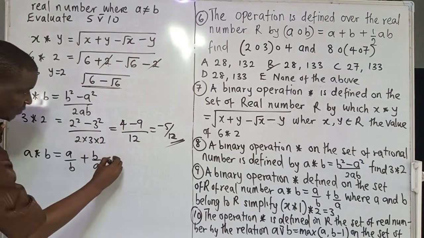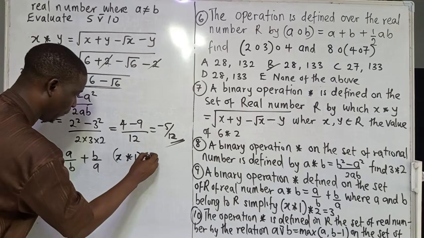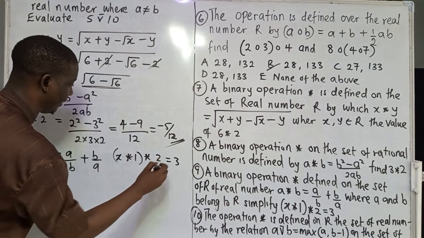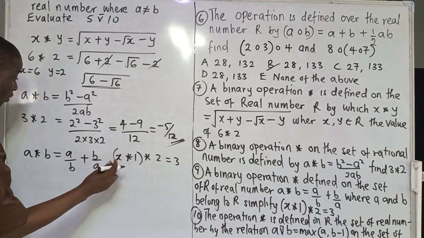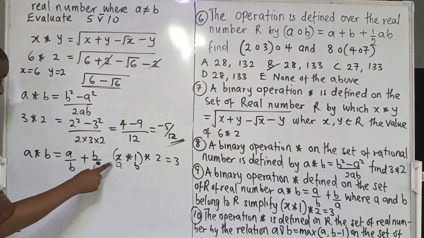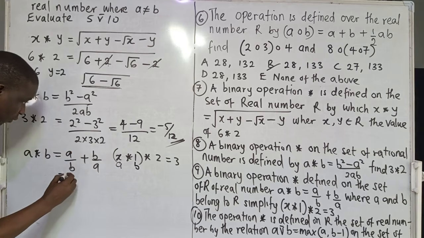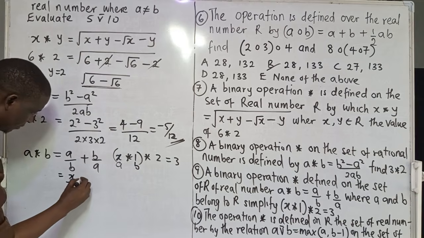Say S operation 1, operation 2 is equal to what? 3. Now what we're going to do simply, first of all, do this one first. So where A is what? This, and B is this. So when you do that, A is what? What is our A? S. B is what? What is our B? 1.